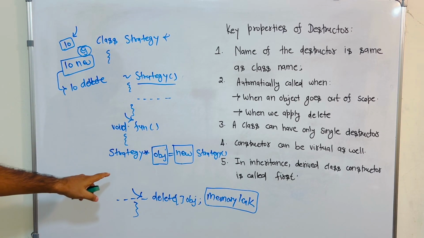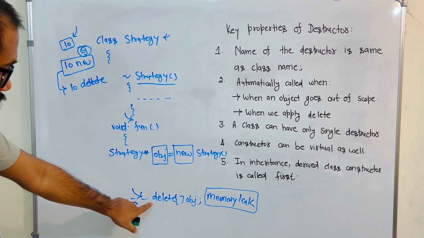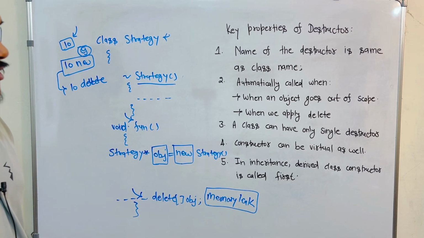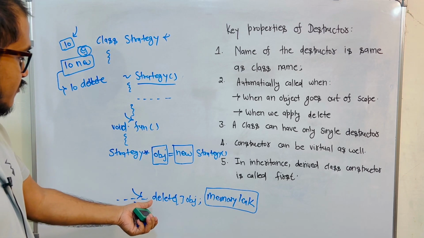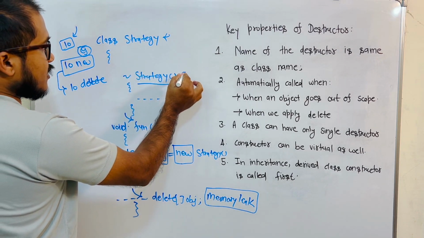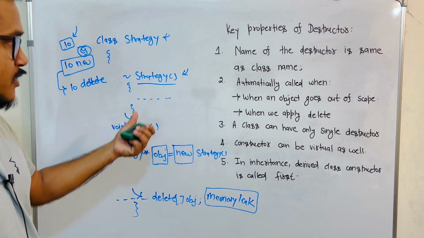So I need to make sure that if I am allocating the memory using the new keyword, that memory is getting deleted using the delete keyword. So when I call delete obj, this particular destructor will get called and it will release all the acquired resources.